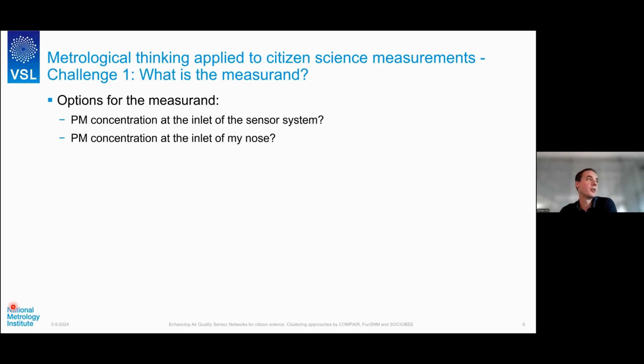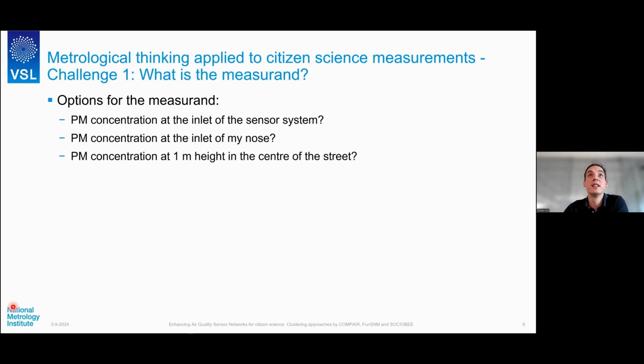But maybe we are also interested in health impact, and then you would actually want to know the PM concentration at the inlet of my nose. And if you have the sensor somewhere in your clothes and there is some inhomogeneity in the PM concentration, then it can be different and has an uncertainty.